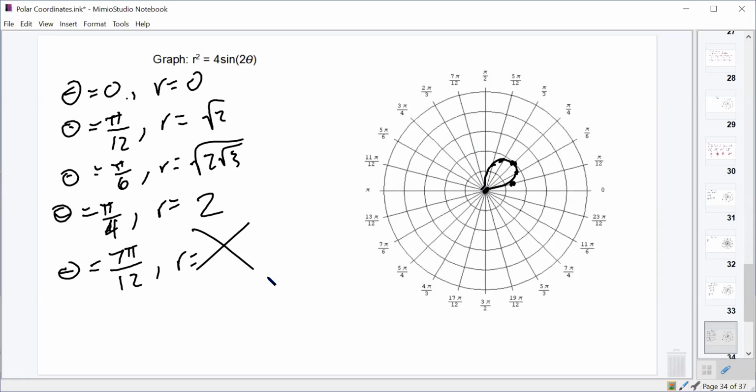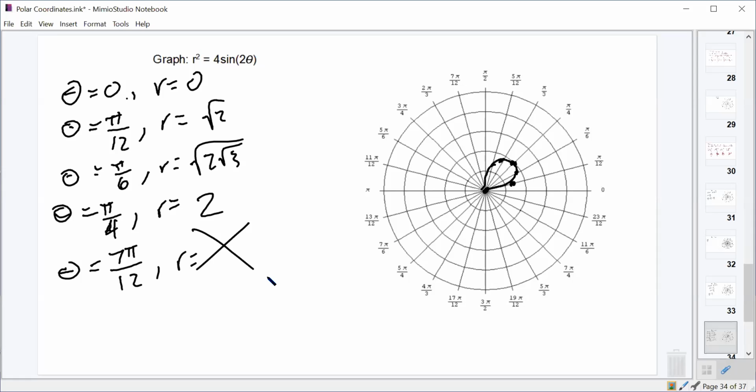So when are we going to end up getting values again? Suppose we plug in 13 pi over 12. Is that going to give us something? When I double 13 pi over 12, what does that give me? It gives you 13 pi over 6.